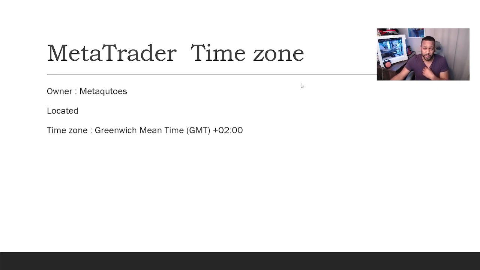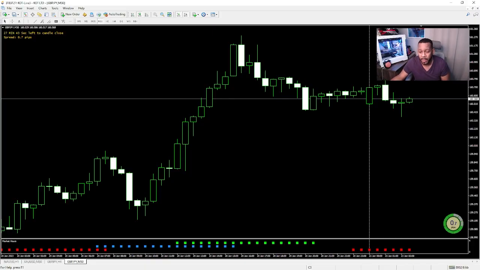Let's see what time we are currently on the MetaTrader app. Right now it's looking like it's 2 a.m., 0200, so a little bit past 0200.